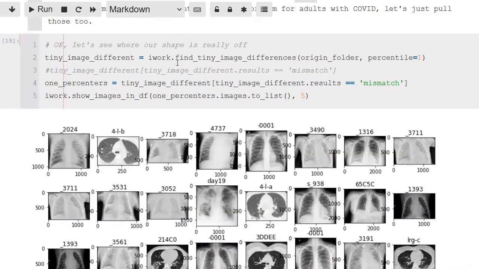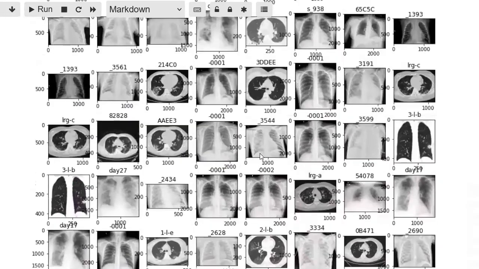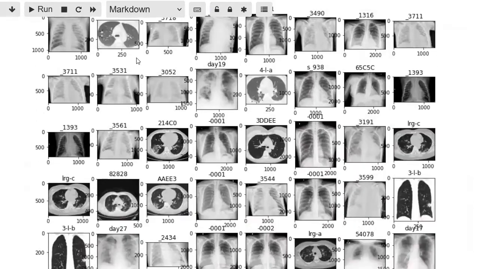So let's compare, using our find tiny image differences, each image to a sort of average image, and look at the 1% that really outlie. And if we do that, we get back, surprise, surprise, a bunch of axial CTs, as well as some sort of different images.